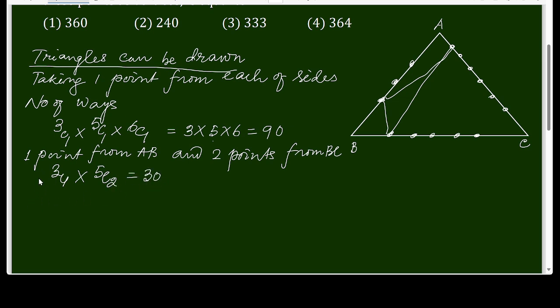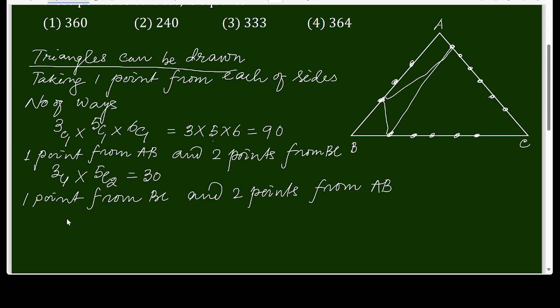Or it can be 1 point from BC and 2 points from AB. So it will be 5C1 into 3C2. 3C2 is 3, 5 into 3, it will be 15.